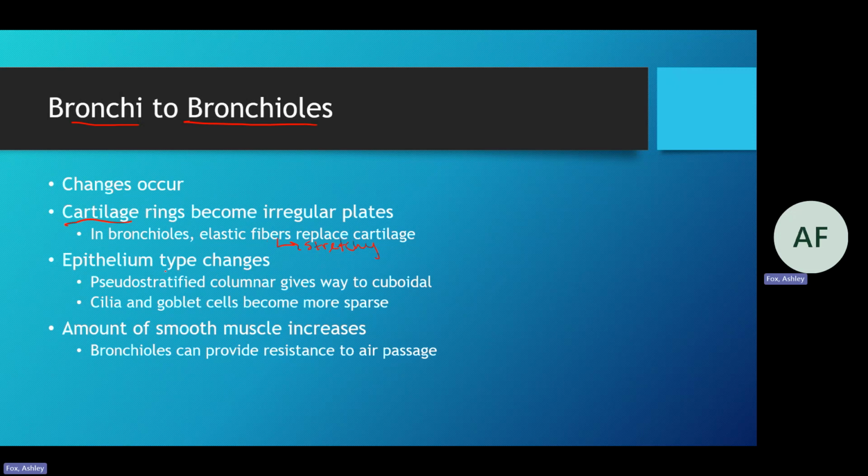The epithelium changes. It's pseudostratified columnar going from the trachea down into the bronchi. Once we get to the bronchioles, it changes to cuboidal. So we go from tall columns, which sometimes look like multiple layers, to now cubes. Cilia don't happen anymore.